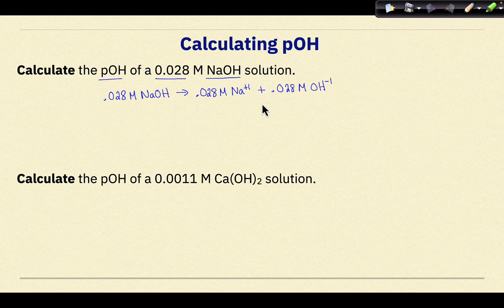So that means when we calculate pOH, we're going to be using this molarity right here, as the sodium ion concentration is negligible because the sodium ion is just a spectator ion. pOH is equal to the negative log of 0.028 molar. And when we do this calculation, our pOH is equal to 1.6 molarity.